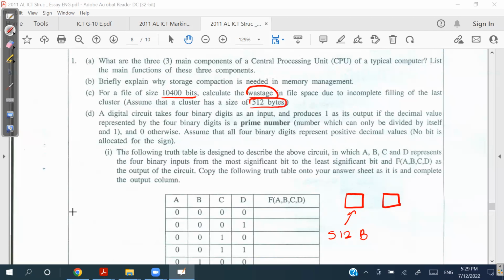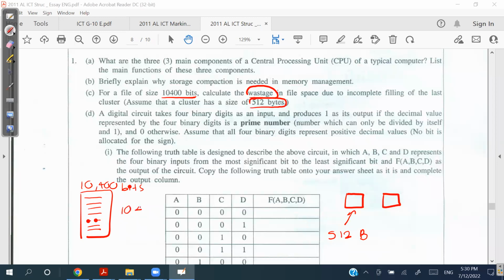Right, so if this is the file, and it has a size of 10,400 bits, then you can calculate how big it is in bytes.